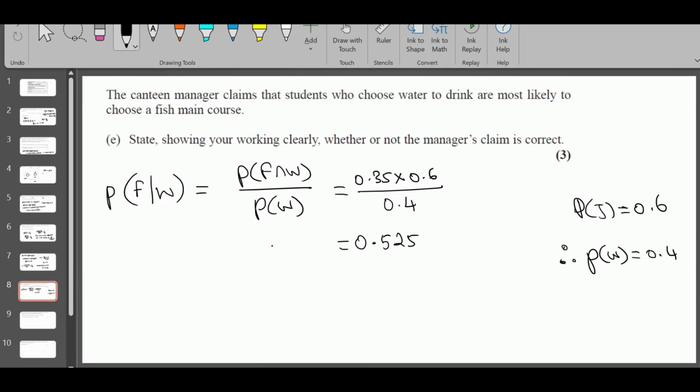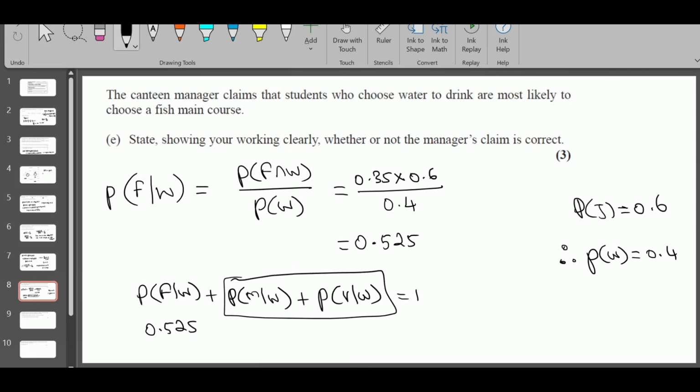0.525. Okay, there are three probabilities: F and water, meat and water, vegetarian and water. The total of all the probabilities should be equal to 1, right? But this probability is already 0.525, so the sum of these two will be 0.475, right? So anyway, this has the highest probability, correct?